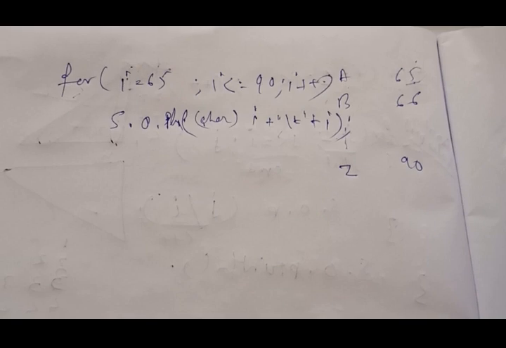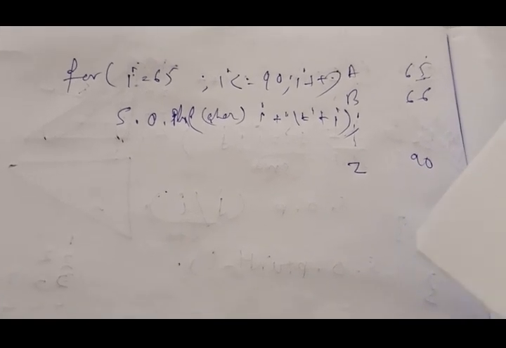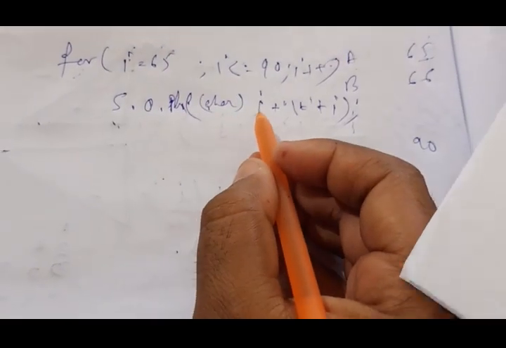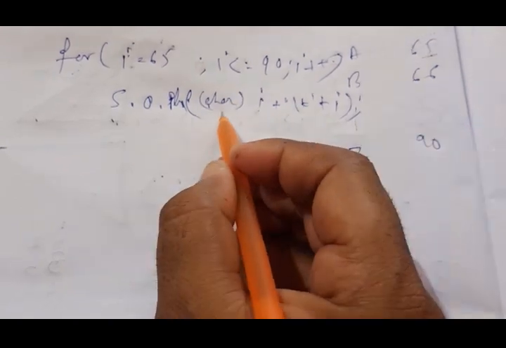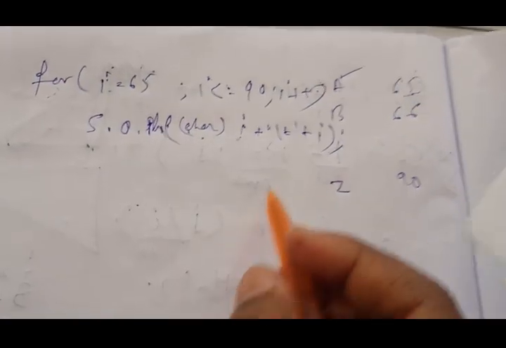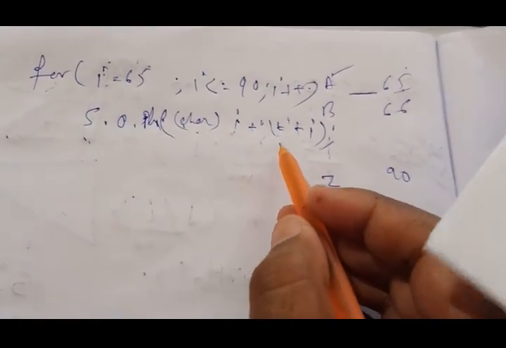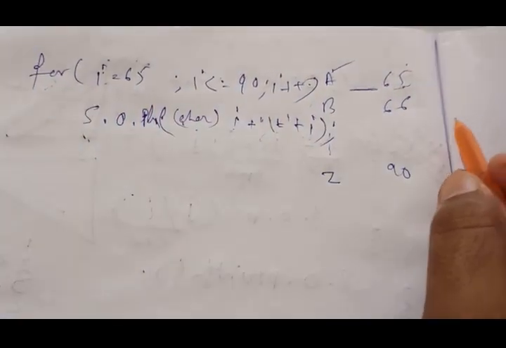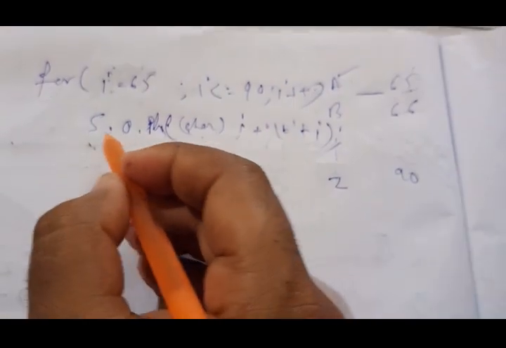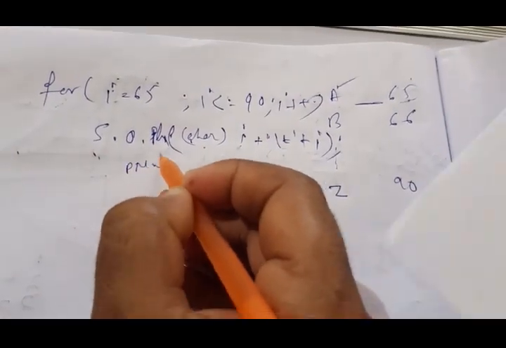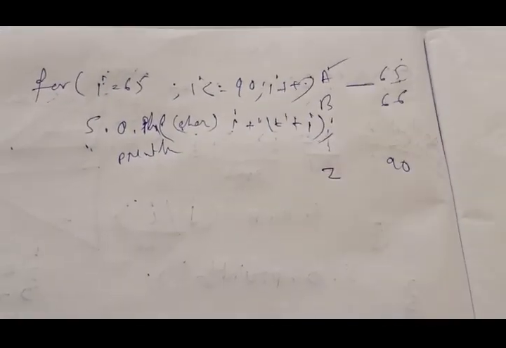It's a single, easy, one-line answer. I hope it's clear. First I'm converting whatever the i value is into a character, and you get this first position value, and again give a tab for this blank space and the value of i, which is 65. And using println for the next line.